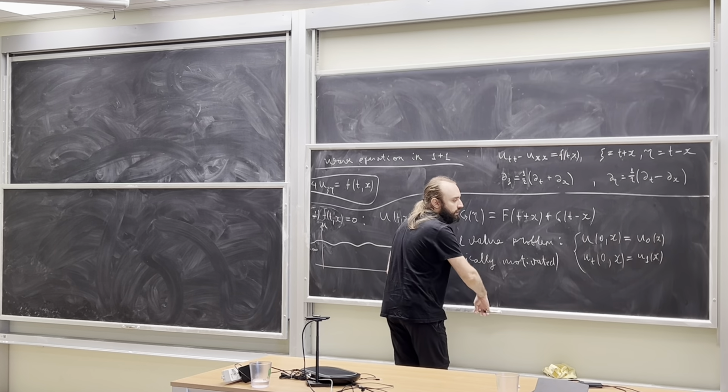If we draw it in the tx plane, it will look in the following way. We have some boundary at t equals to 0. And we fix here u of 0, x equals u0 of x, and u t of 0, x equals to u1 of x.